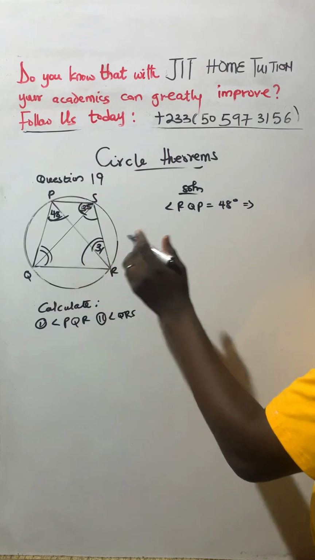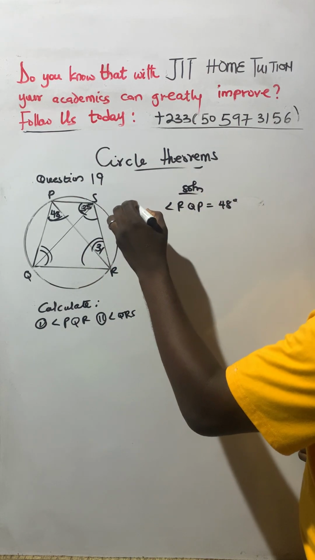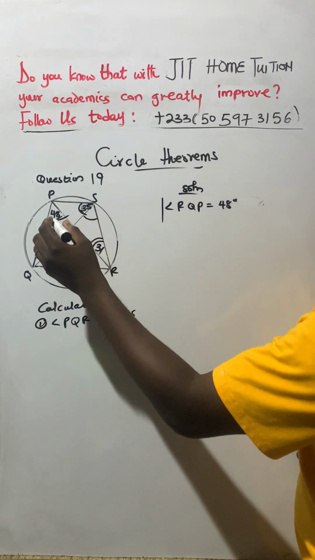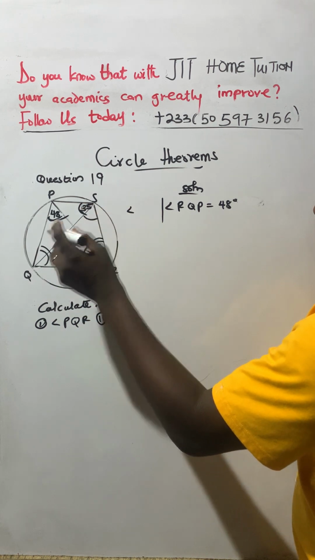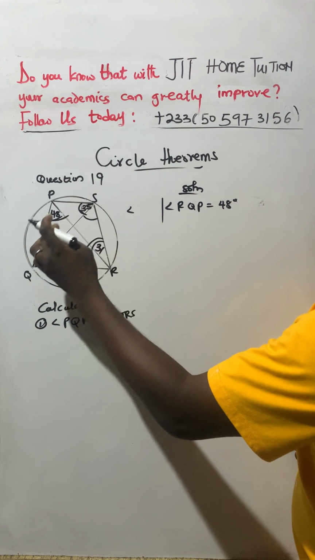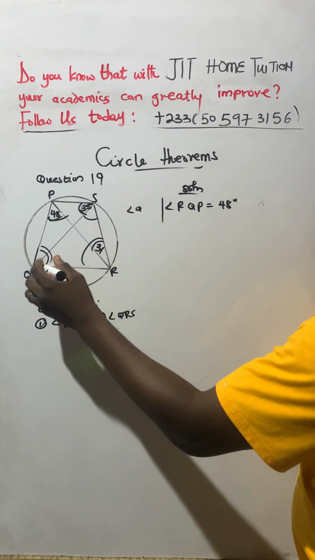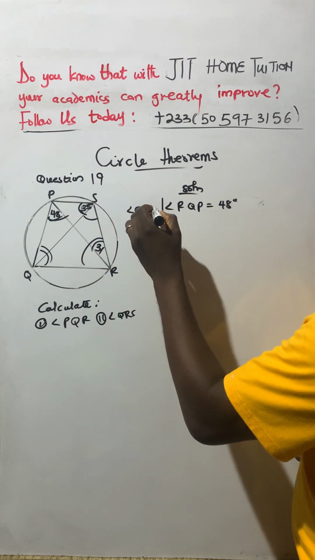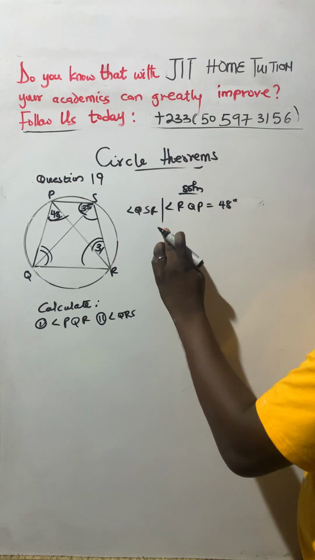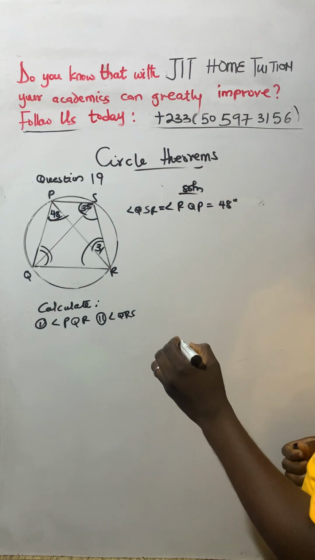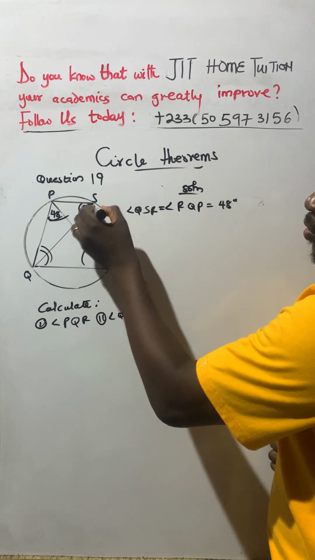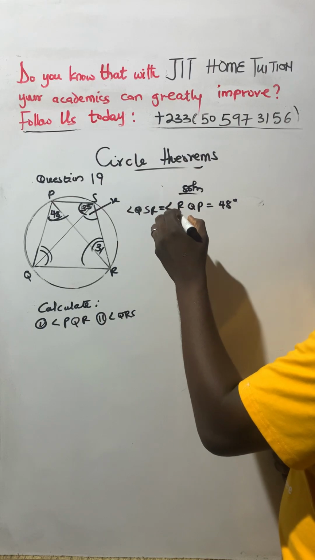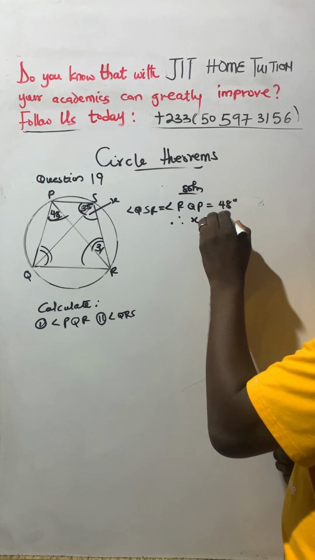It will be equal to angle QSR. They will all be the same. So maybe let me write it this way. Maybe you can represent this side by x. Therefore, x is equal to 48.